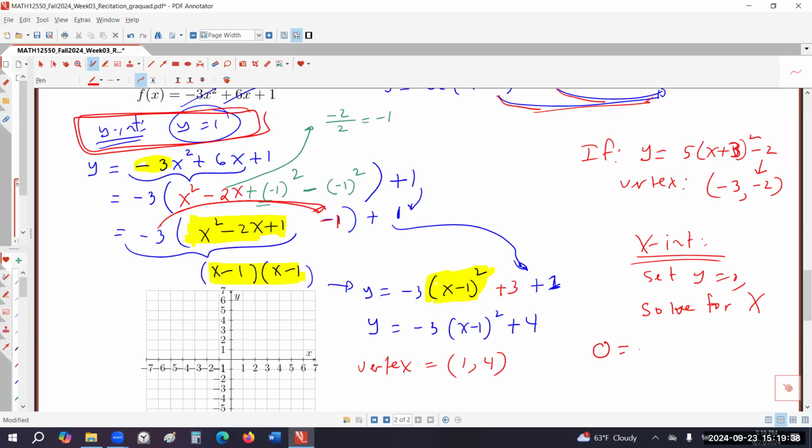So we have 0 equals -3(x minus 1) squared plus 4. Use reverse PEMDAS to get rid of everything one by one from x. Whatever you get, that's your x-intercept. And since it's a parabola, you're going to get two x-intercepts. And then you can sketch a graph.